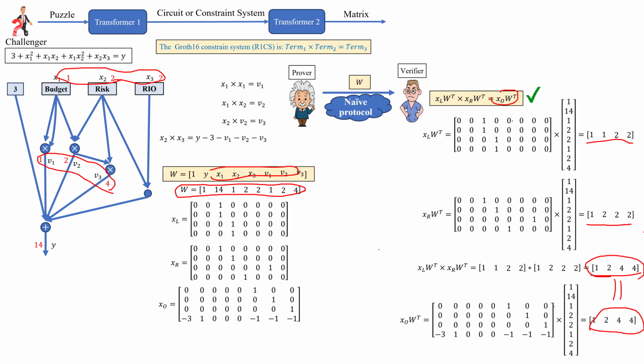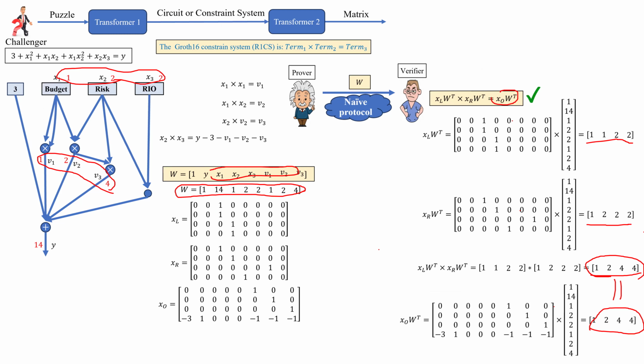Since these two values are equal to each other, the verifier is convinced. Now the verifier is convinced that the prover really knows the x1, x2, x3, v1, v2, v3 associated to the value of y, which is 14. So this means that the prover knows all the input values and intermediate values for the circuit.